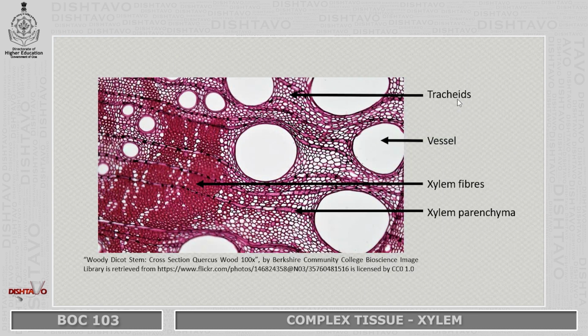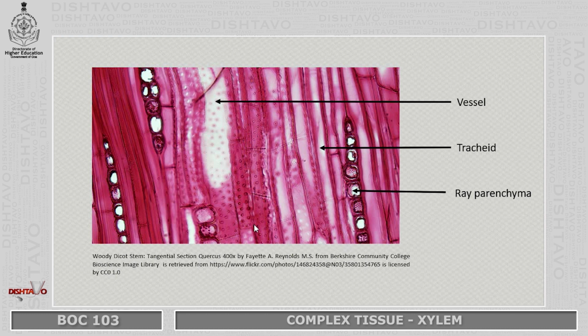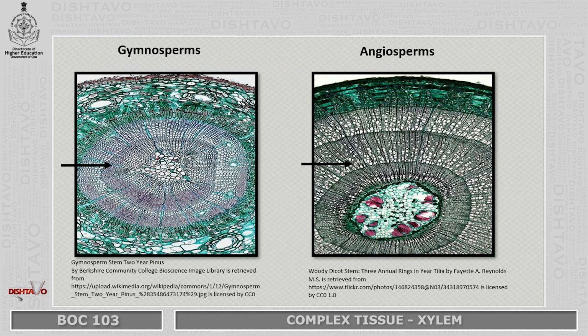In this diagram you can see tracheids, the smaller cells, vessels, xylem fibers, and the xylem parenchyma. This is the tangential section wherein you can see the vessels with the pitted thickenings, the tracheids, and the ray parenchyma.